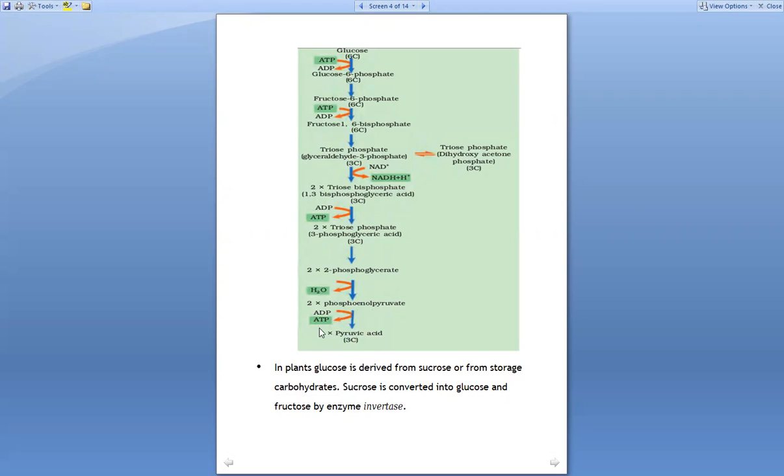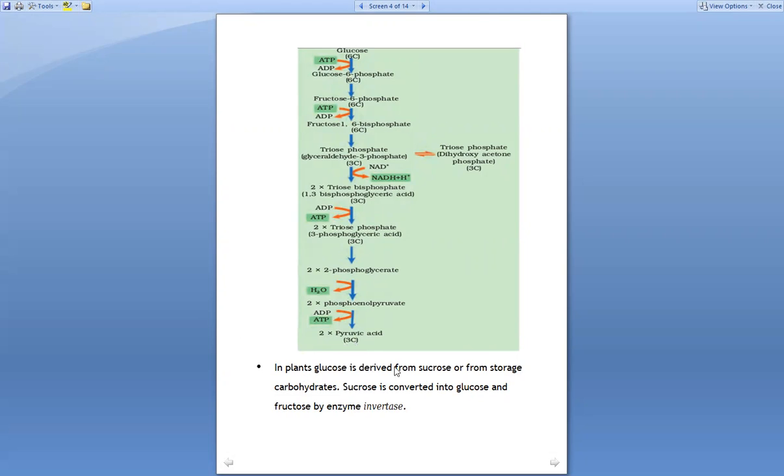And as two chains, or two molecules, are running side by side, we are getting two molecules of pyruvic acid at the end of glycolysis, and this is a 3-carbon compound, right? So this is the whole glycolysis, where the glucose, a 6-carbon compound, is converted into two molecules of pyruvic acid, a 3-carbon compound, right?